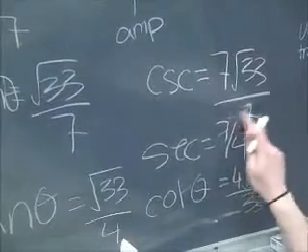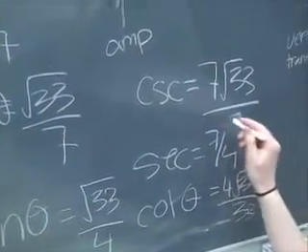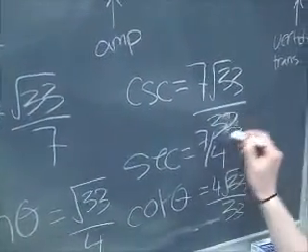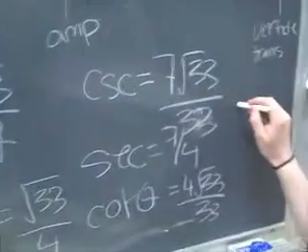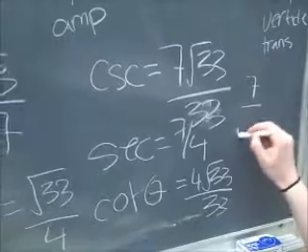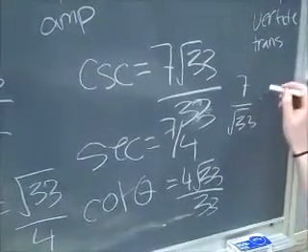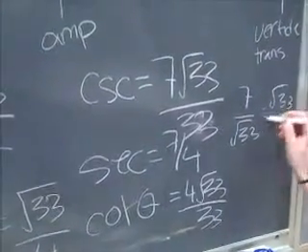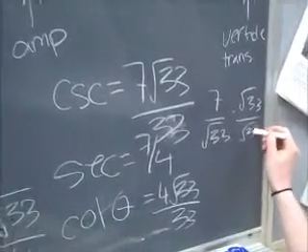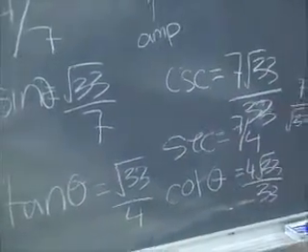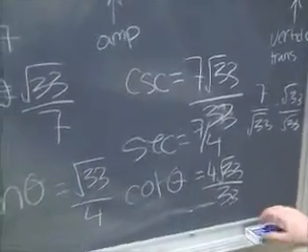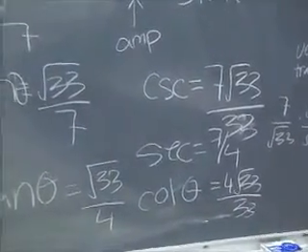Sorry, this is 33 right here, because you have to cancel this out, so it'll be 4 over root 33, and then you multiply by root 33 again, and they just cancel out, obviously. So that's just how you find the basic 6 trigonometric functions.